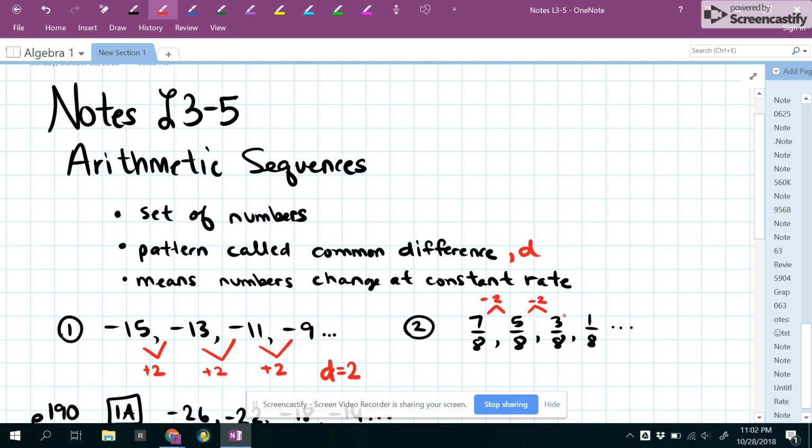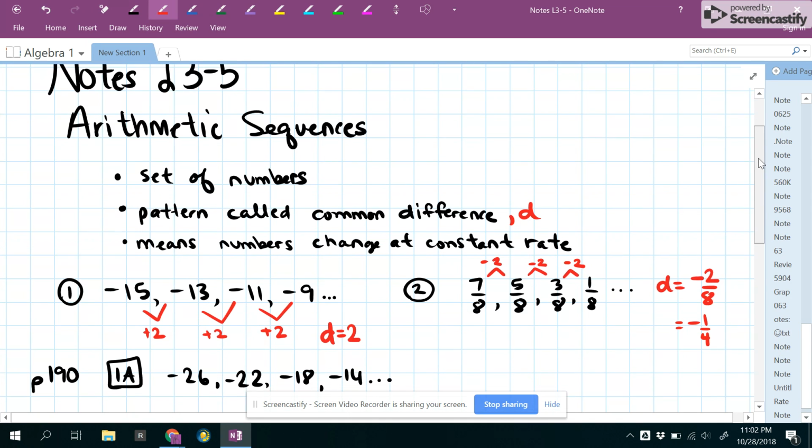To get from 3 to 1, we are once again subtracting 2. So this list of numbers is also arithmetic. And this time D is negative 2 eighths, which reduces down to negative 1/4.